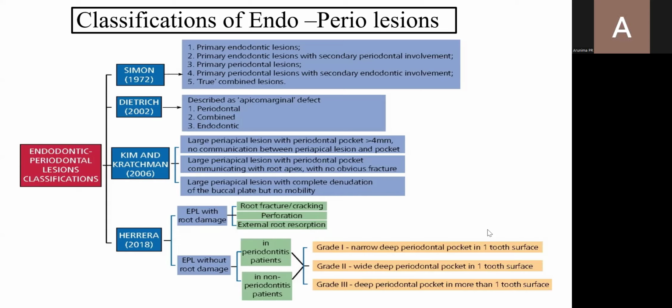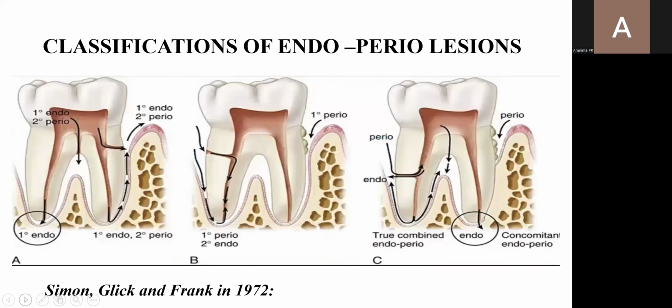The latest is Herrera's classification, under the 2017 or 2018 revised classification for periodontal disease, which we follow for postgraduates now. For undergraduates, we basically follow the classification put forward by Simon, Glick and Frank in 1972, which is very simple for everybody to remember, and from the picture itself it is very clear. So it is very important.